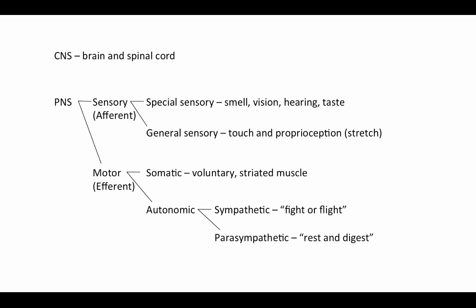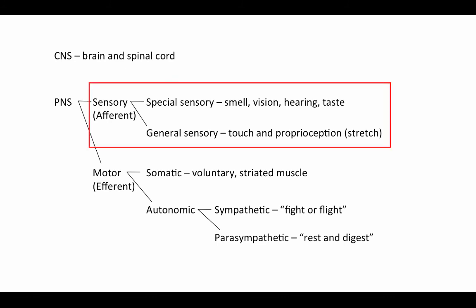So far we've been talking about how these messages are transmitted from one neuron to another, or from a neuron to its target, and I gave you a framework for the organization of the vertebrate nervous system. As we move forward into the next section, we're going to focus on the sensory part of the nervous system, how we obtain information from our environment. Both special sensory, smell, vision, hearing, and taste, the senses associated with the head, and general sensory, the senses distributed throughout the body, touch and stretch reception.